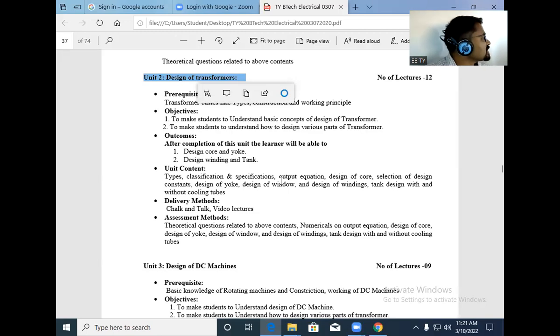Six times the word design came. It means on every design word we have to see the problems. Only this chapter, the design of transformer, covers almost 70% of section number first. That's why this chapter is introduced in section number first.